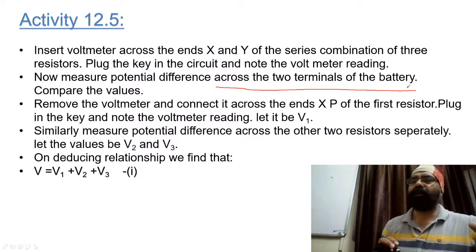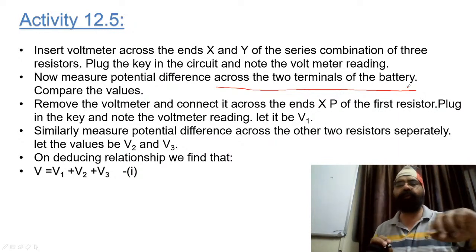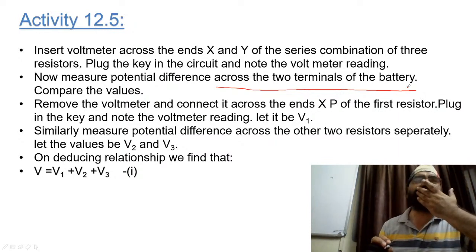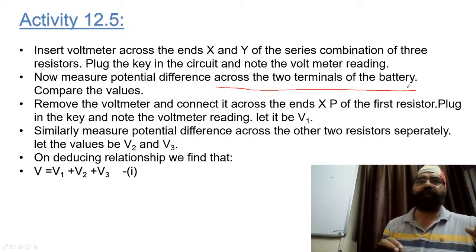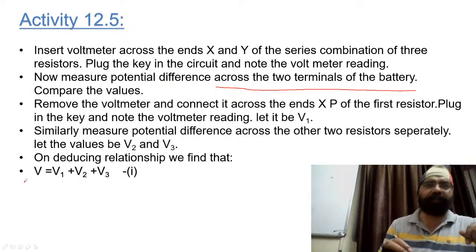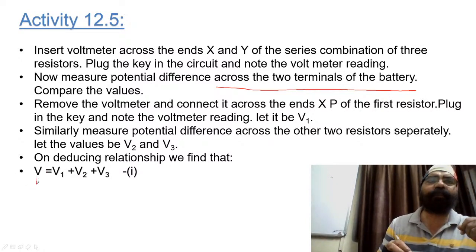Understood this much? Now we use Ohm's law. We have understood that the current across each one is the same, and suppose the resultant resistance we denote by RS.